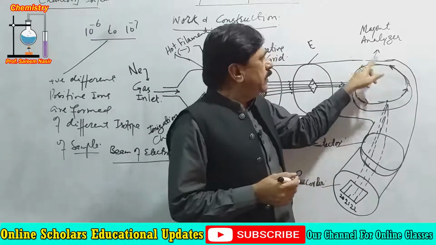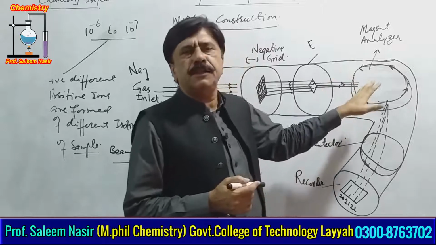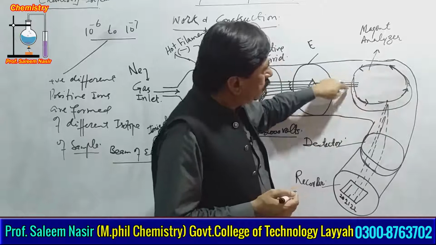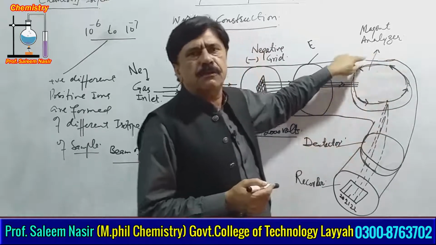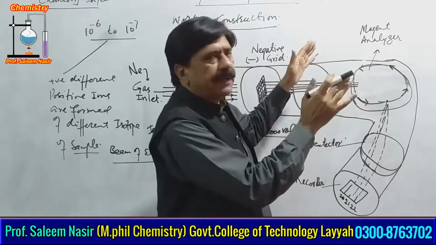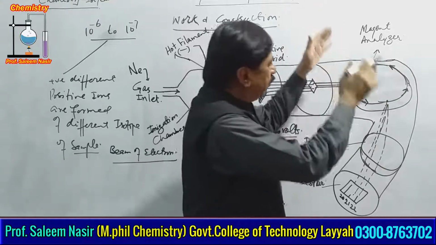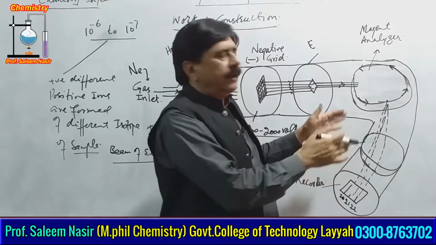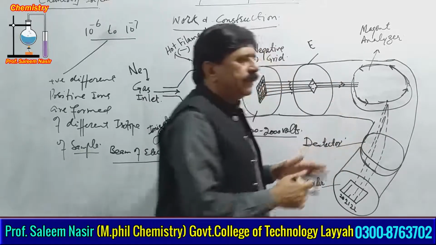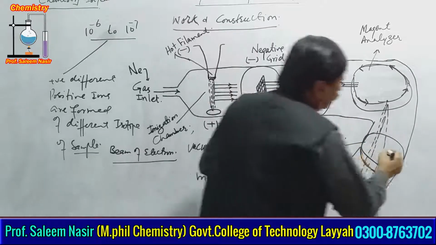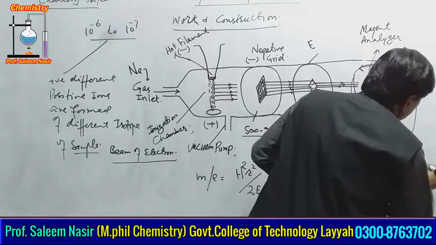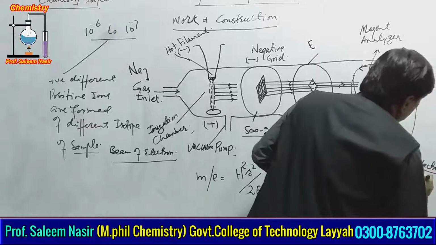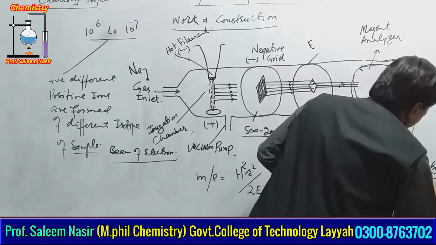Here the positive ions of the different isotopes move in a circular path and get separated, and they fall in the form of groups on the detector, and then on the electrometer or ion collector.